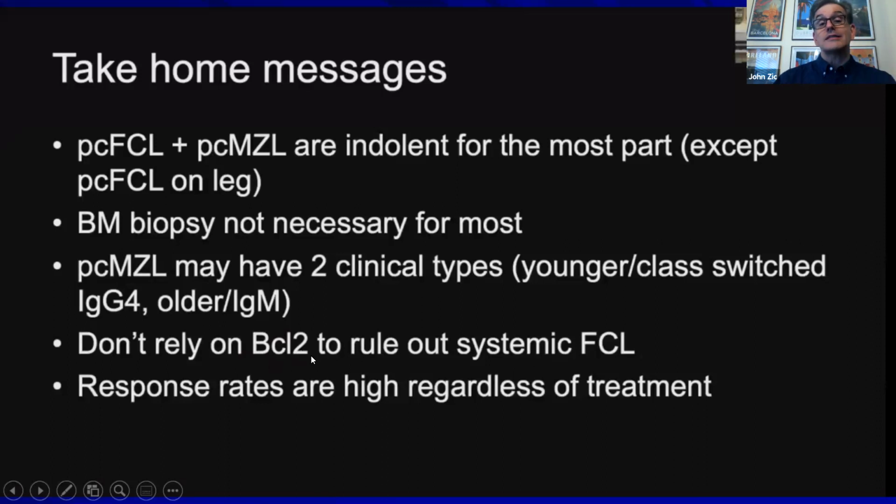If it was positive, we were very worried about it being a systemic or node-based follicle lymphoma. And if it was negative, we were much less worried. But what Dr. Shinohara showed us is that there are patients where this particular test may be negative, but patients may also have a systemic lymphoma. So that just means that we should definitely get some imaging studies.